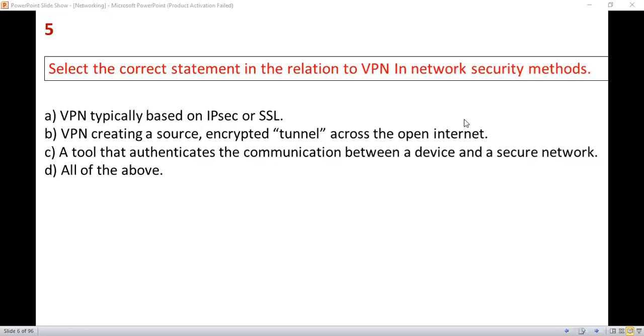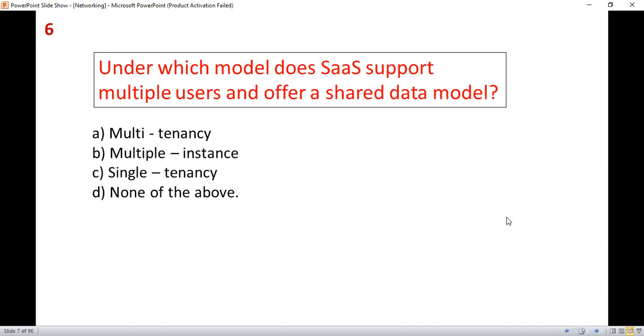Okay, the next question which you can see is: under which model does SaaS support multiple users and offer a shared data model?